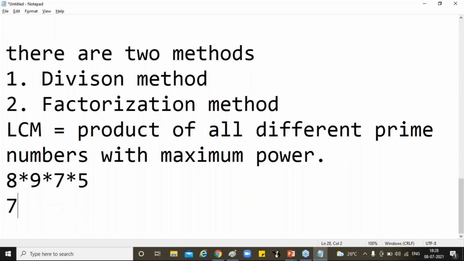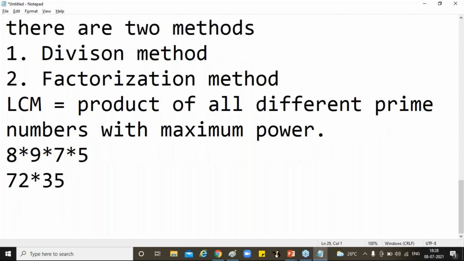So 8 9s are 72 and 7 5s are 35. Go with your own calculation, your own simplification. There is no problem. 72 into 35. Do it fast, ma. What is the answer?